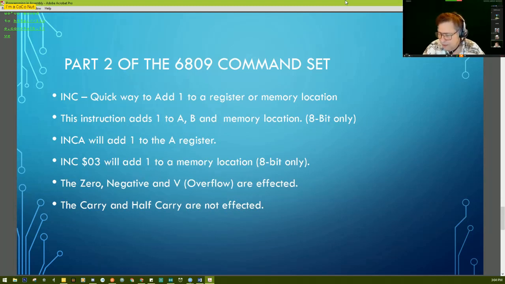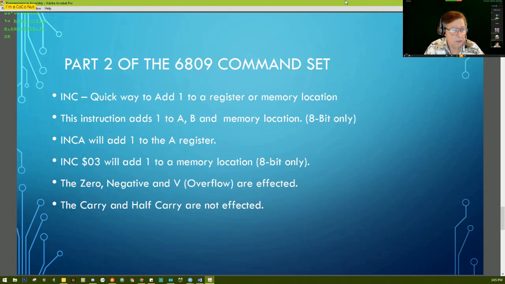Remember earlier, one of the popular things to do was basically get a 0 into a register or a memory location. Well, adding 1 and subtracting 1 are very common operations. So they make a special case called INC. This adds one to a register or memory location.